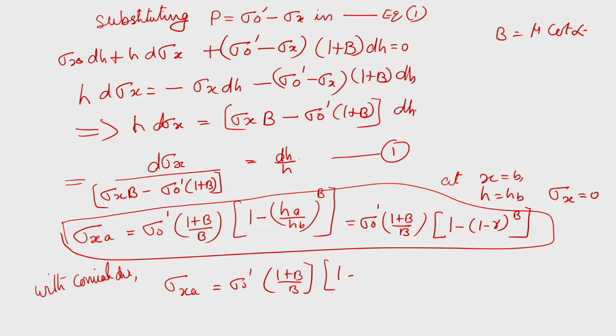If it is a diameter, then you can have this relationship d a by d b, raised to, because d square is coming, in that case it will be 2b, for the cylindrical piece.